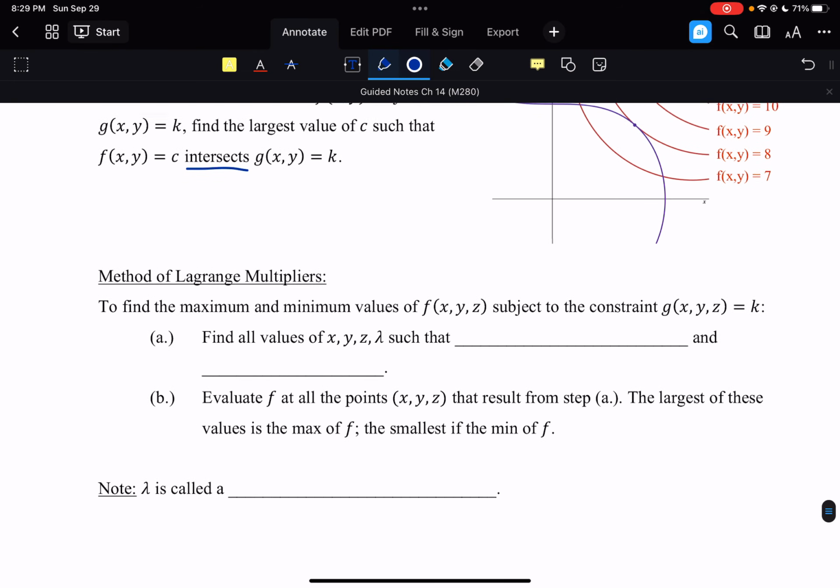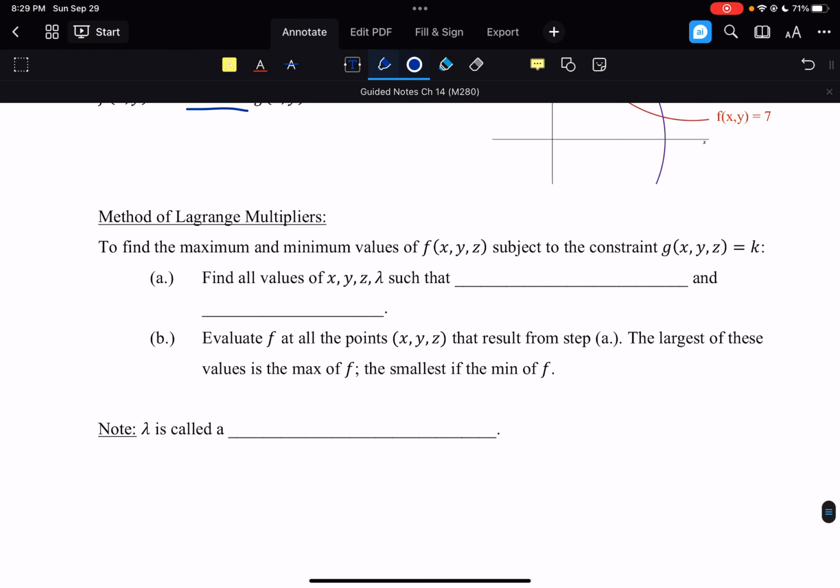Through the method of Lagrange multipliers. So to find the maximum and minimum values of f of xyz subject to a constraint g equal to k, we're going to find all values of x, y, z, and lambda such that the gradient of f of xyz equals lambda times the gradient of g of xyz.